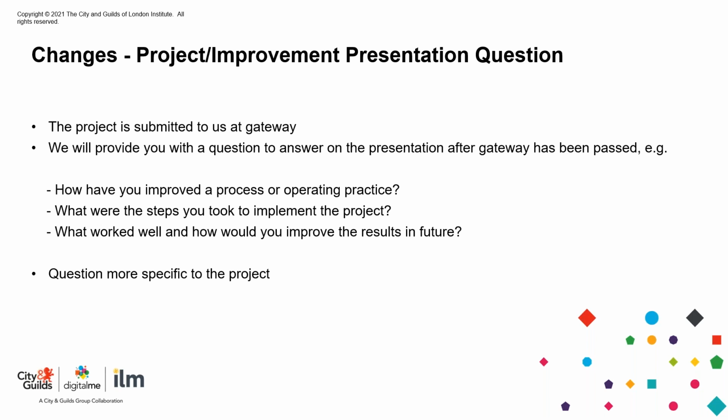So that question, for example, could be, how have you improved a process or operating practice? What were the steps you took to implement the project? What worked well, and how would you improve the results in future? And that would be added to that presentation so that the apprentice has something to answer within their presentation.